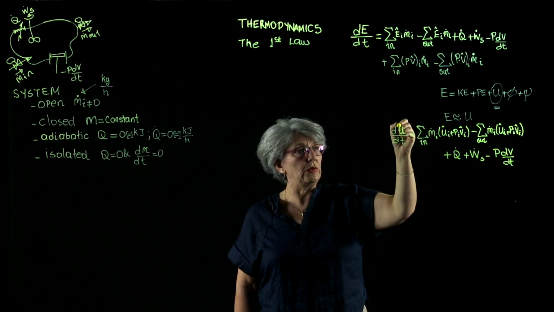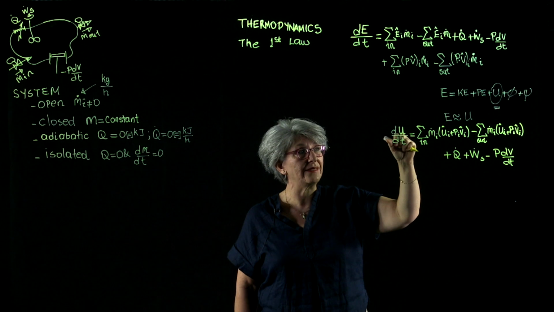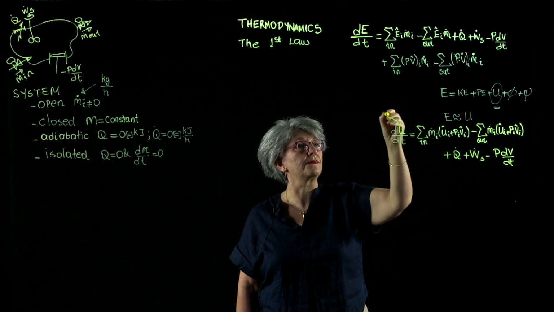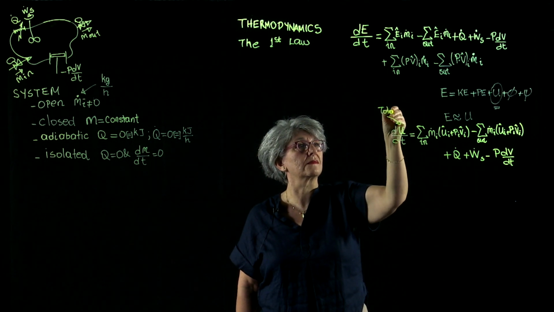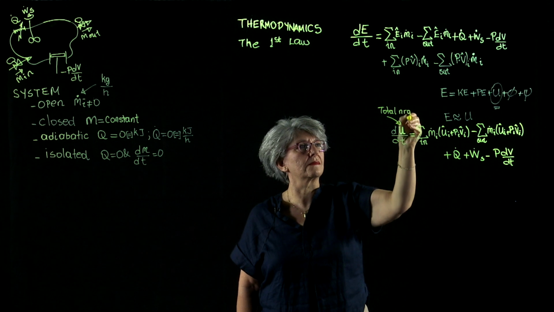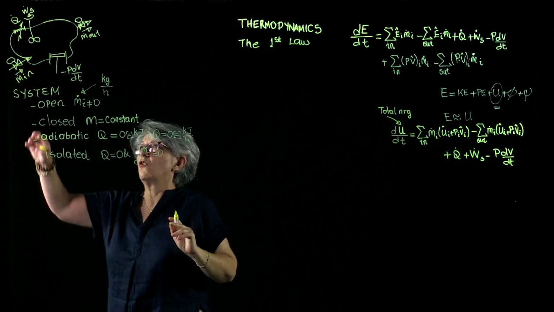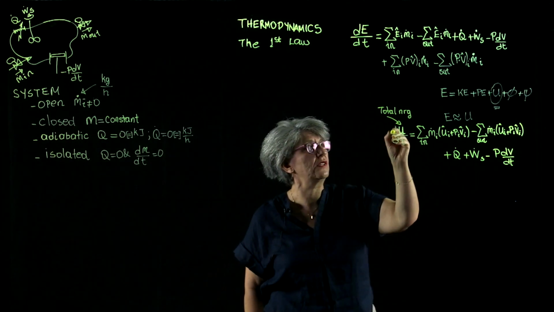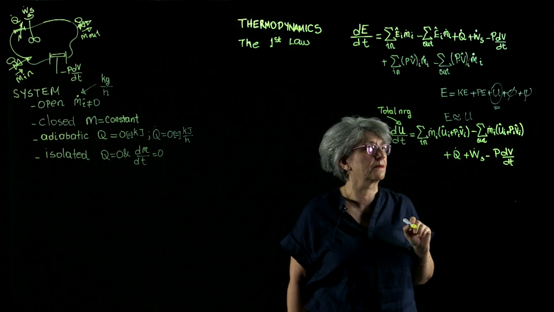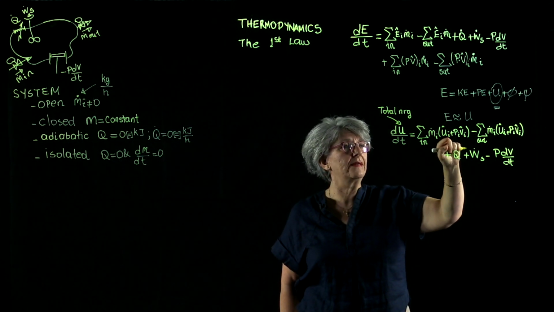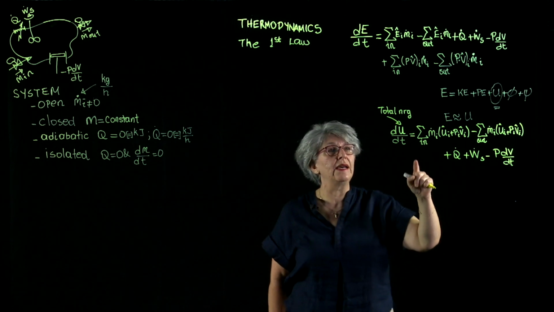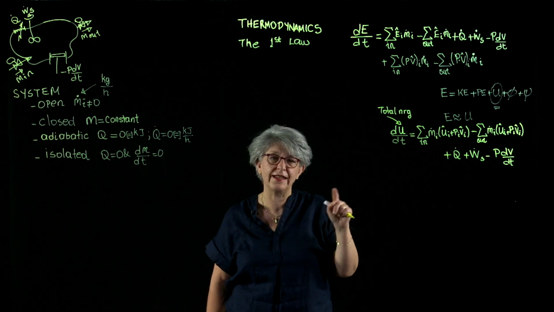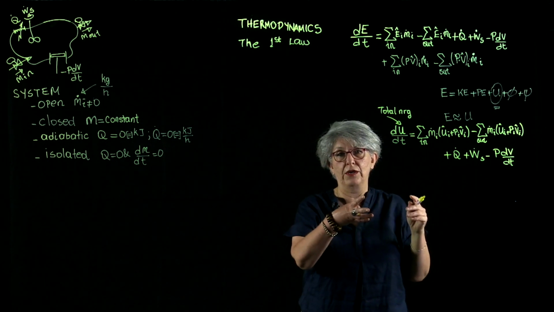Now this U with no hat, no dot, is the total energy of the system. Whatever is in the system potato, it is U. Total energy of the system. This u hat_i, say it is u hat 1, is the specific internal energy of stream i. Say that I have 3 streams coming into this system.